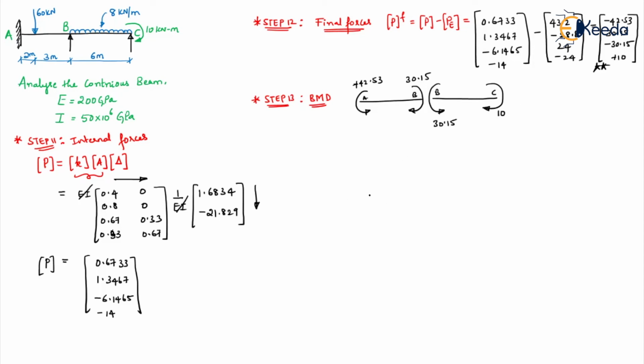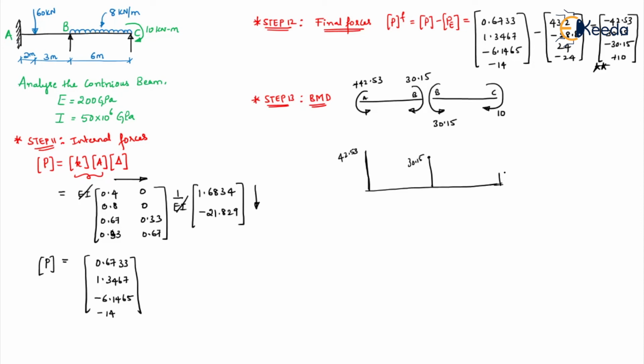Okay, now when you want to draw the bending moment diagram, what you do first is try to plot these first and then the loading you have to plot. Okay, so this is positive, pushing the beam up. So I'll take it as 42.53, then this is also pushing the beam up. So let's take it as 30.15. Here also it is 30.15.